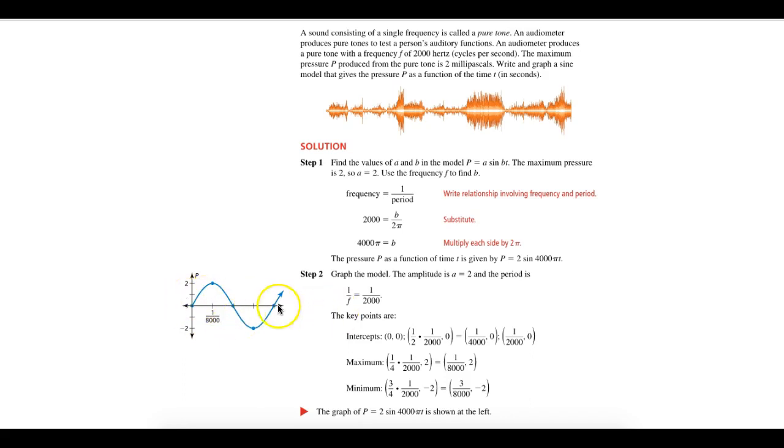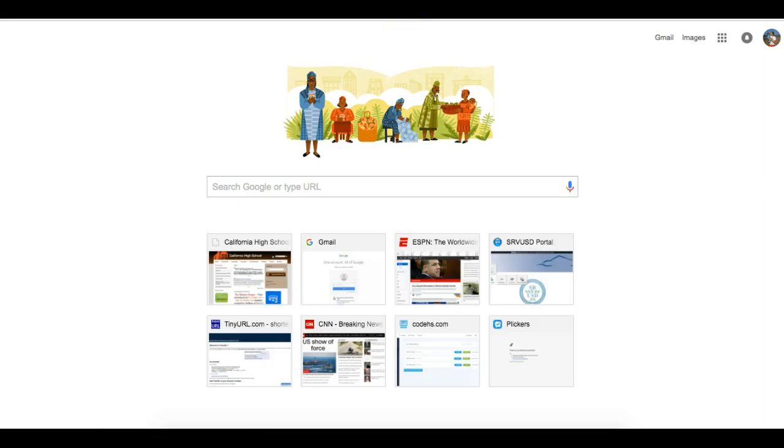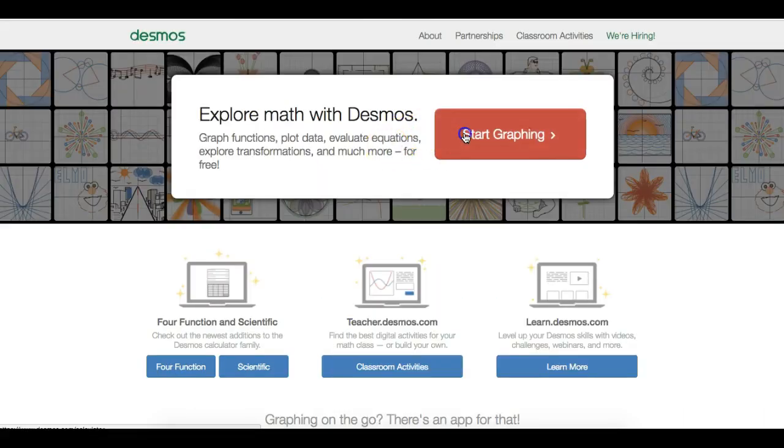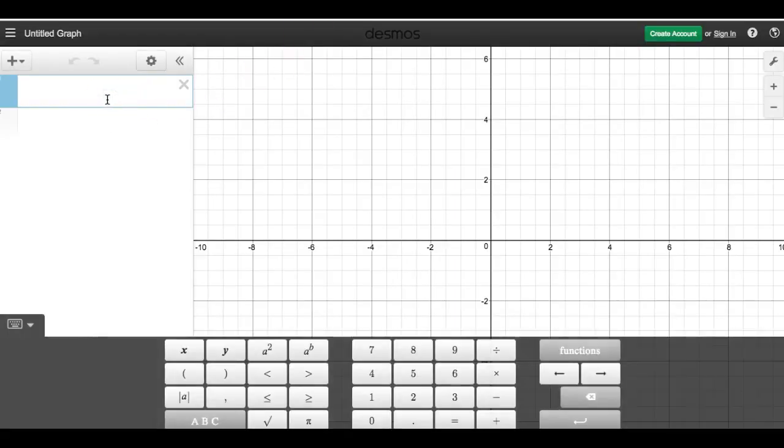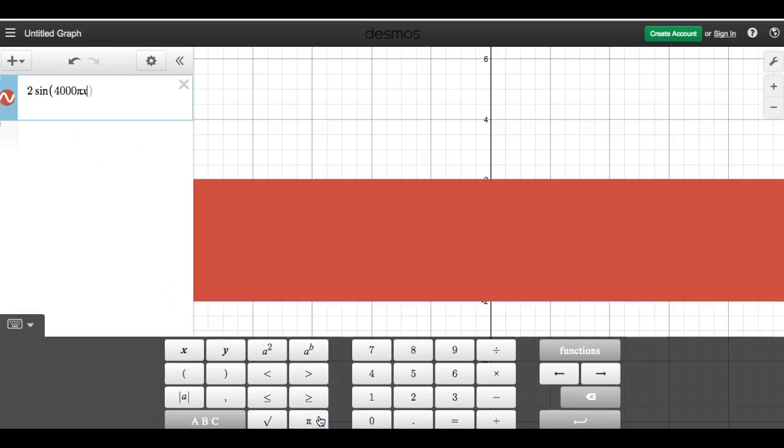If we were to extend this out or look at this on Desmos, you would see that this is a very tight, compact graph. In fact, we can actually do that. Let's look at 2 sine of 4,000 pi x. So if we go to Desmos, and let's graph 2 sine of 4,000 pi x.